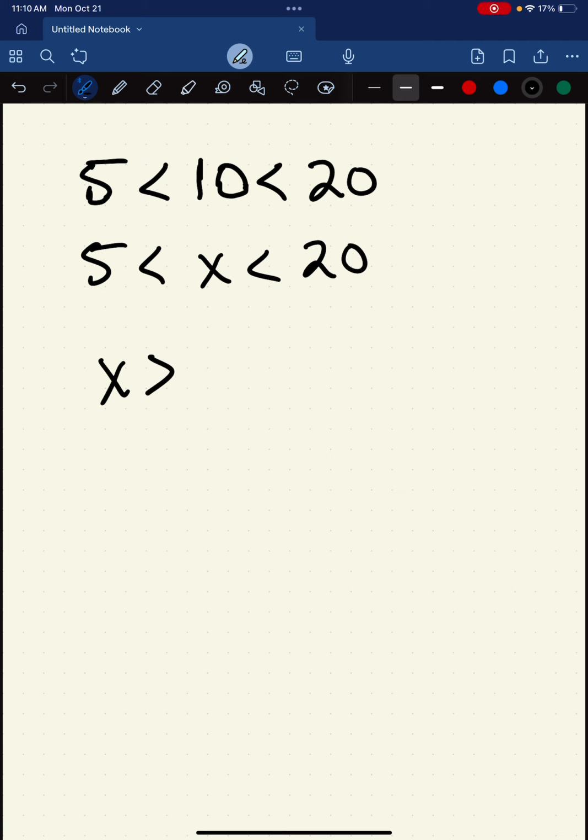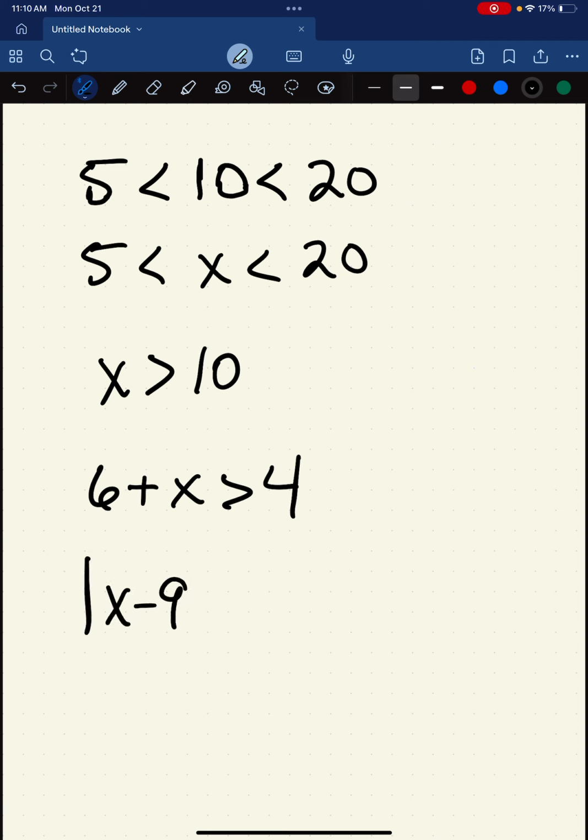If we want to say x is greater than 10, we can write that just like we're saying it. If we want to say that the sum of 6 and x is greater than 4, we got that. If we have the absolute value of x minus 9 is less than or equal to the absolute value of x plus 10, then we can write that. So you can see that we can start applying what we've learned before with the linear equations to these inequalities.